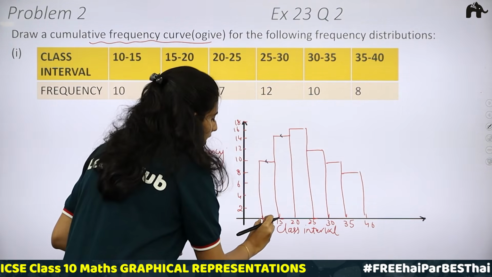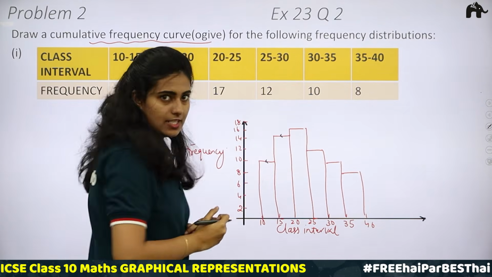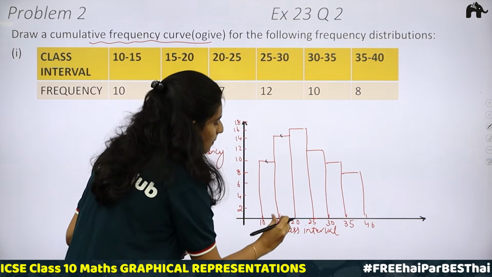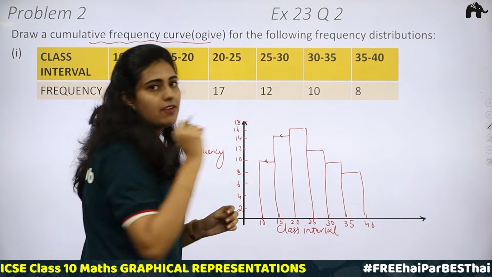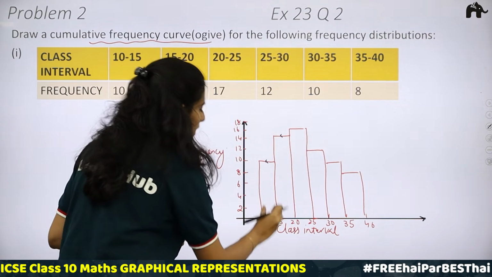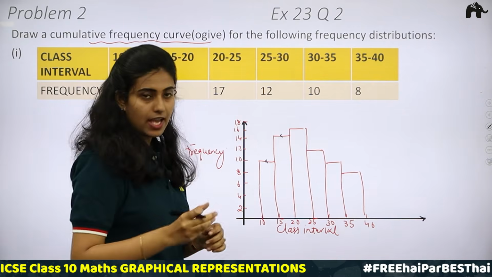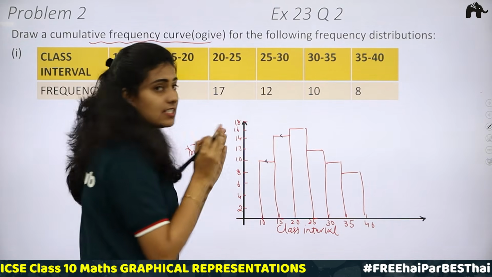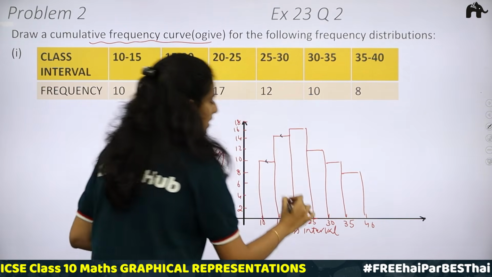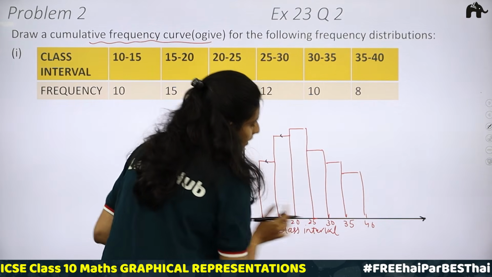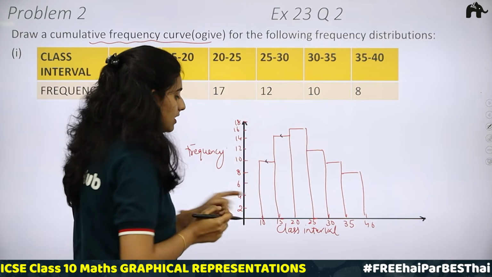For example, we are taking the 10 and 15 interval. The lower limit is 10 and the upper limit is 15. We add the lower limit and upper limit and divide by 2. So in this case we get 12.5, and 12.5 is at equal distance from 10 and 15. That is the midpoint. When it comes to the 20 to 25 interval, what is the midpoint in this case?